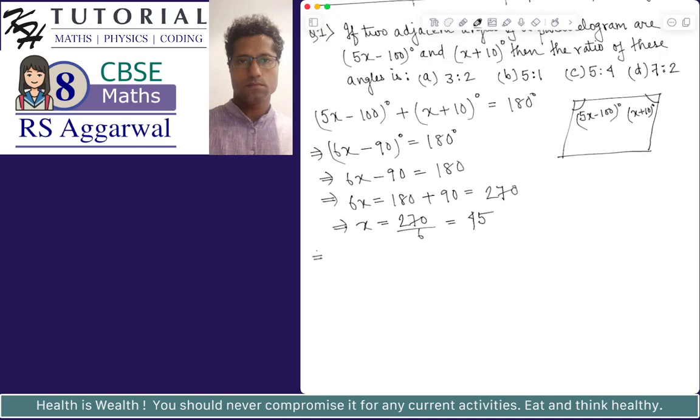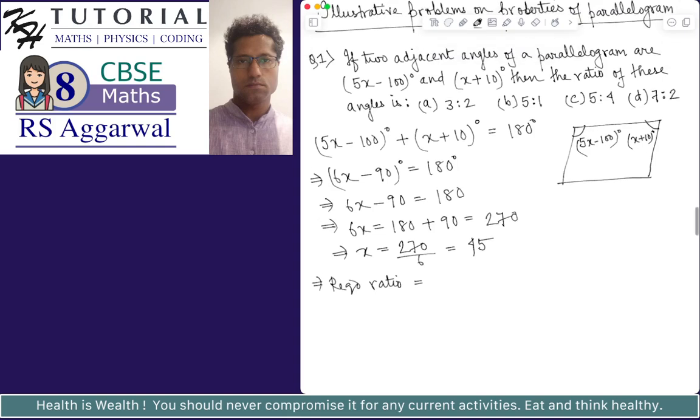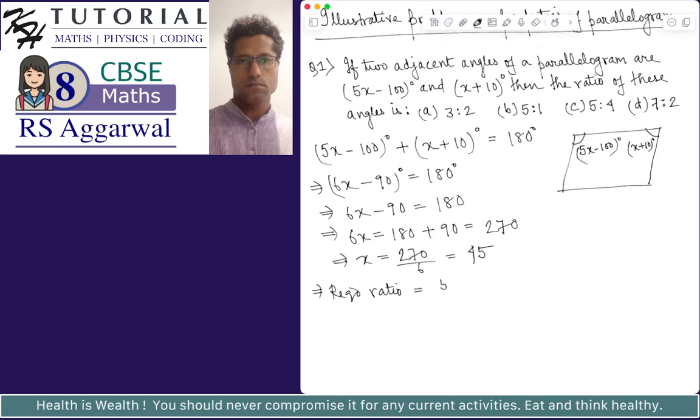So this implies the required ratio will be equal to, the first adjacent angle is 5x minus 100 and we know that x is 45. So 5 into 45 minus 100 and then divided by the other angle, x plus 10. So x is 45, so 45 plus 10. This is equal to 45 multiplied by 5 is 220, minus 100, by 55.